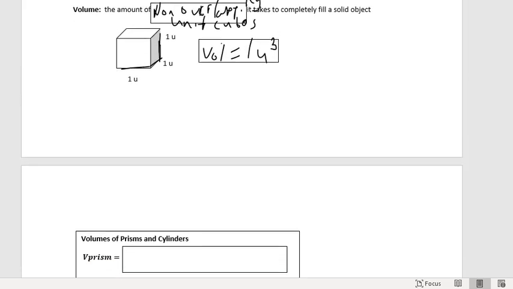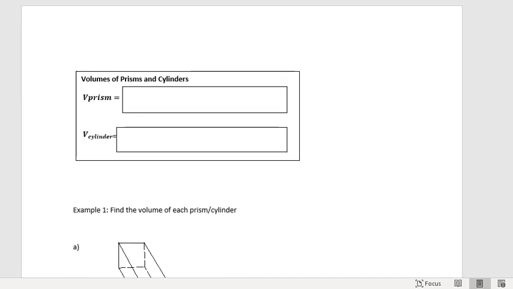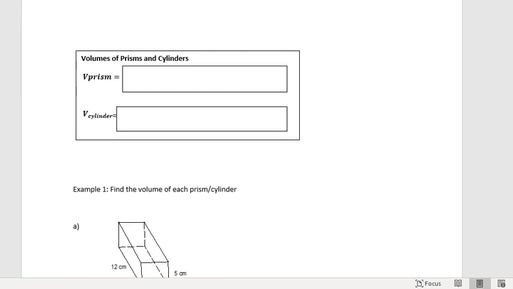So thinking of that, as we look at prisms and cylinders, you could think about the volume as filling up shapes with little tiny cubes. We are going to go over a couple quick formulas for it. The volume of a prism, any prism, is the area of the base times the height.